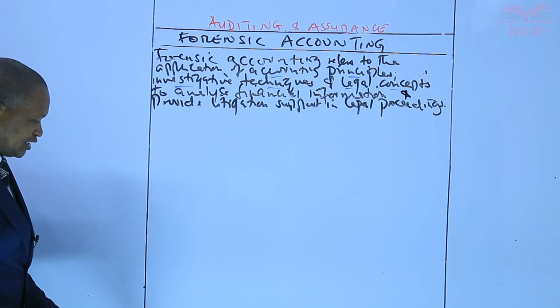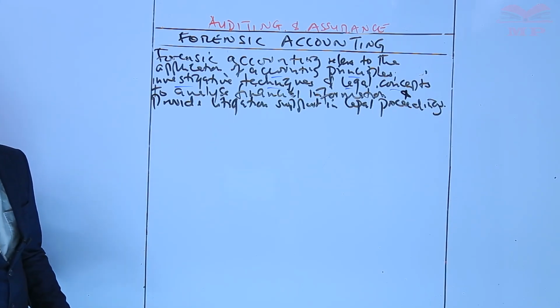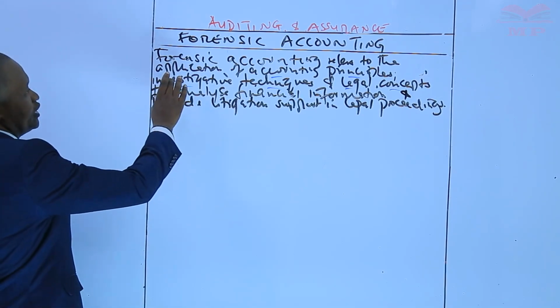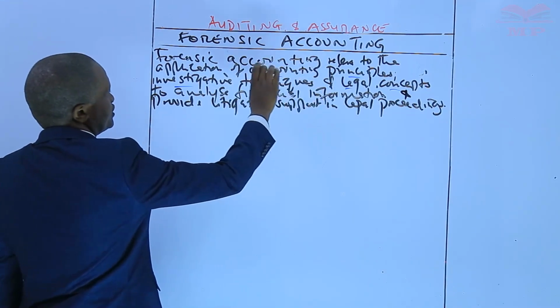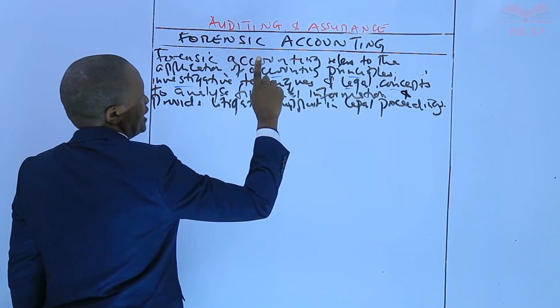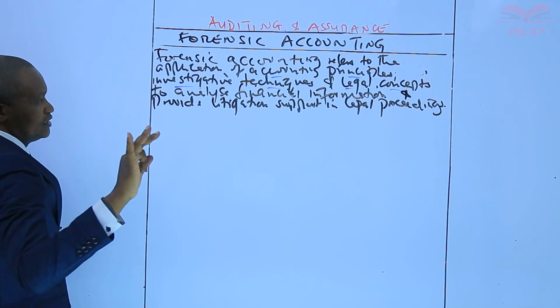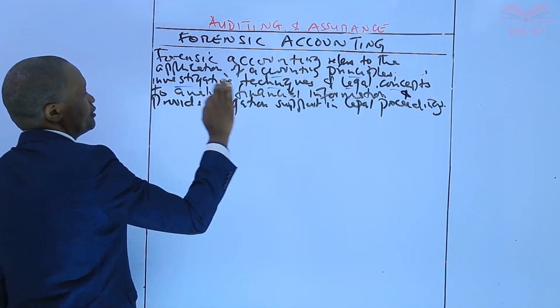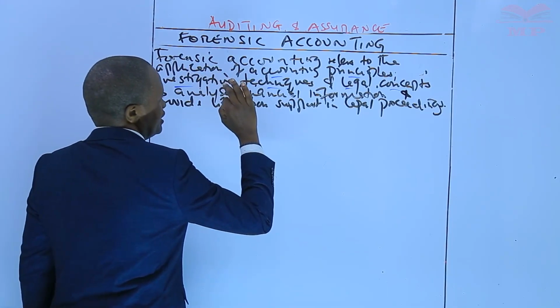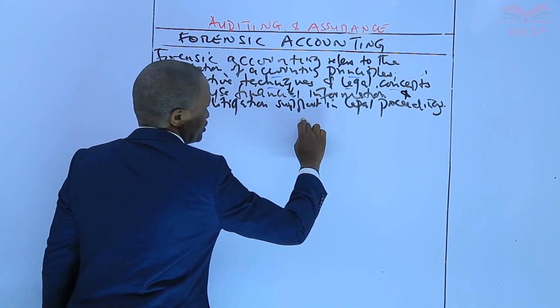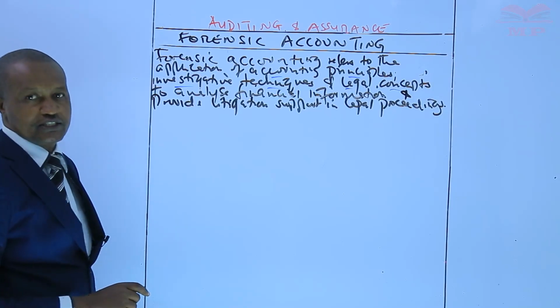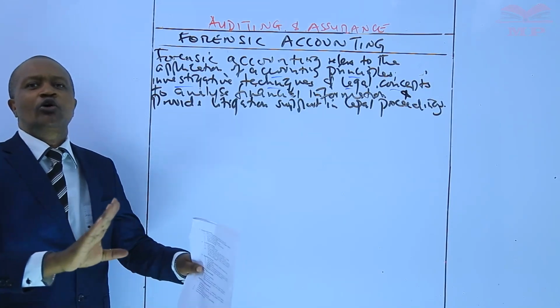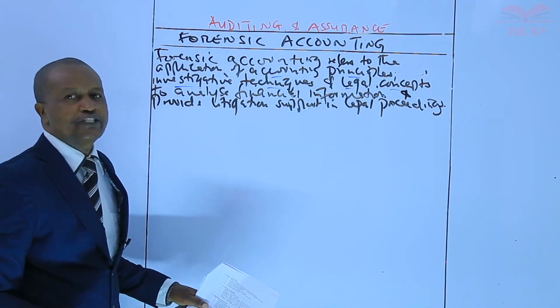So forensic accounting refers to the application of accounting principles, investigative techniques, and legal concepts, 3 things, to analyze financial information and provide litigation support in legal proceedings. It involves a combination of skills.